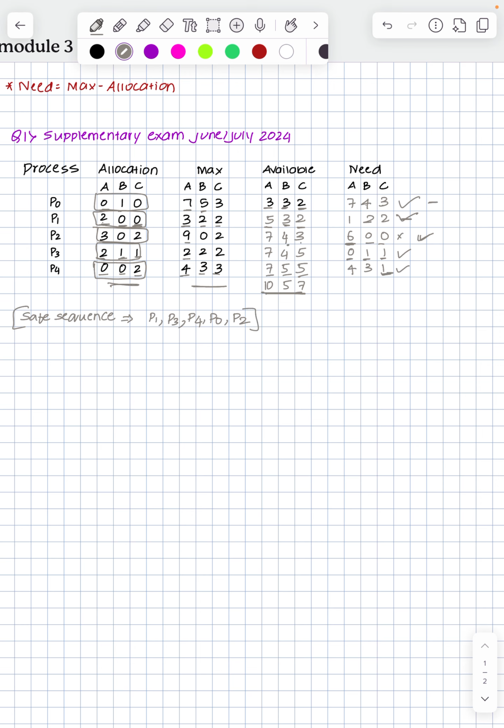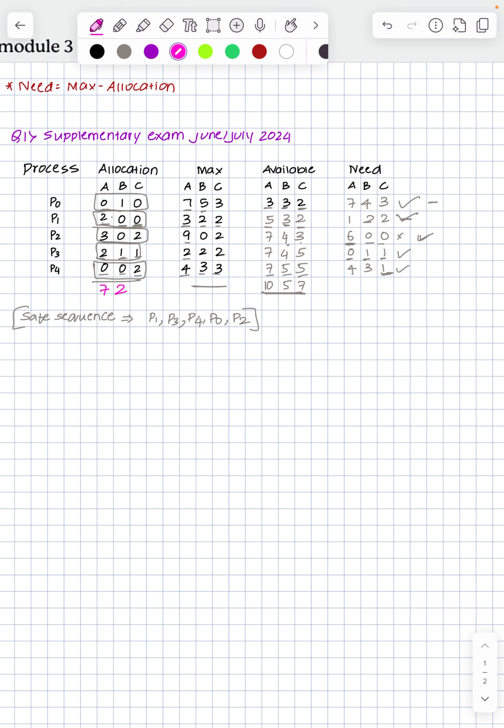Now, in order to verify if this is correct or not, we have to add all the allocations. 3, 4, 5, 6, 7. 1 plus 1 is 2. And 2 plus 2 plus 1 is 5. Now we add this. This is 7. And this is 1 plus 1, 2.